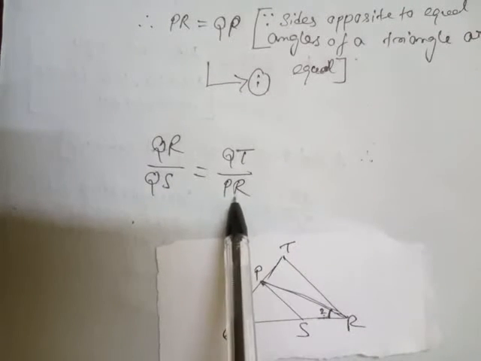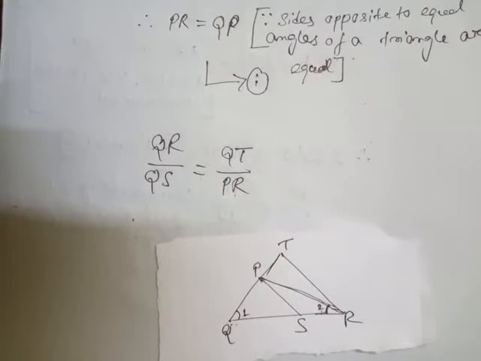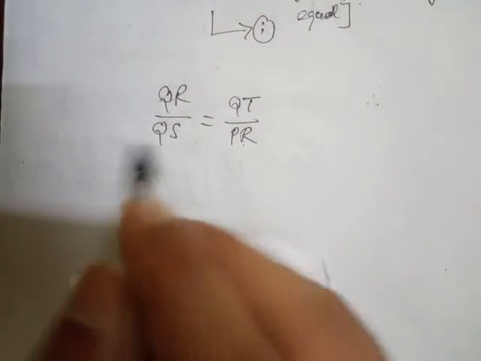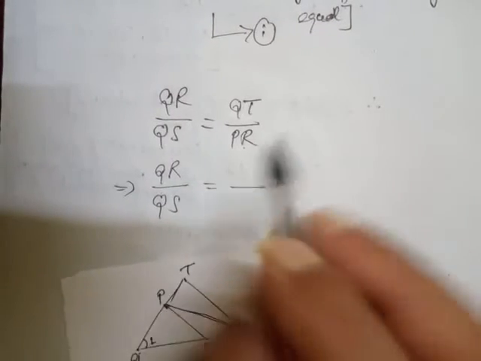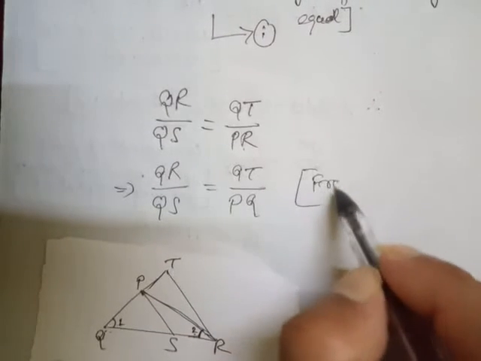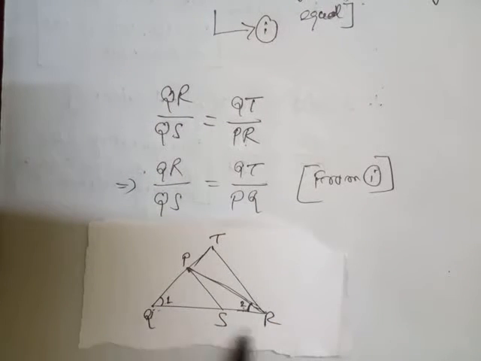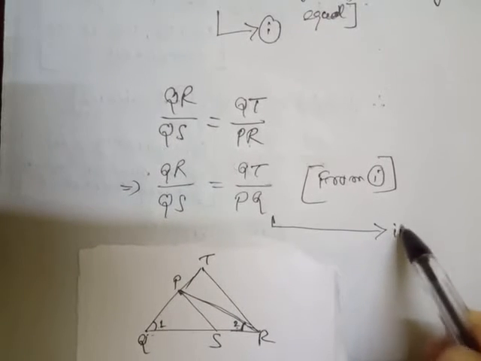So in place of PR, I will put PQ from equation 1. I will write QR by QS equals QT by PQ. We'll take this as our equation number 2.